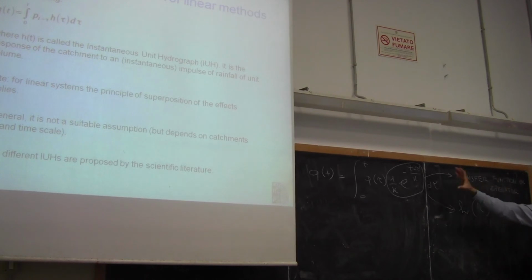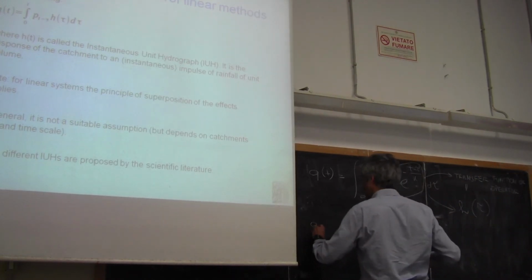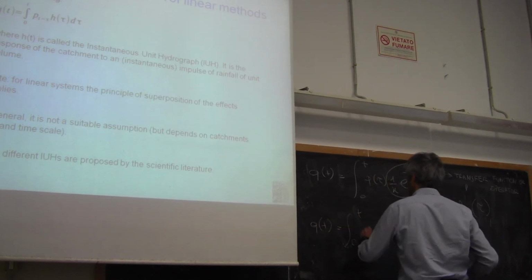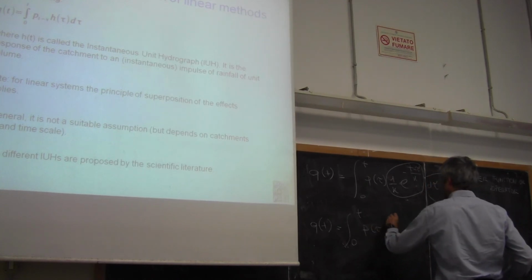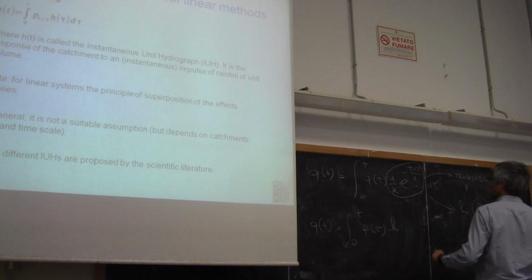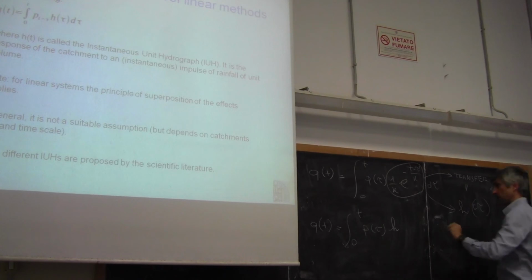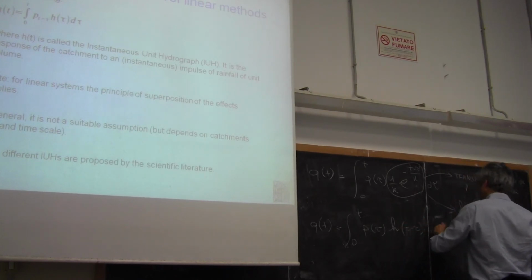If I accept to indicate this transfer operator with H, I can rewrite this integral in a compact form: the integral between 0 and t of p(tau) H, to be more precise H(t minus tau), because the argument here is t minus tau, d tau.